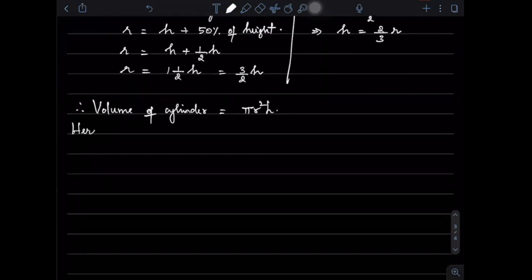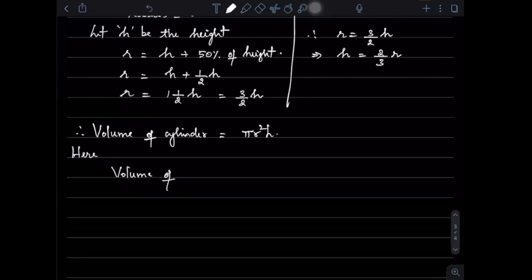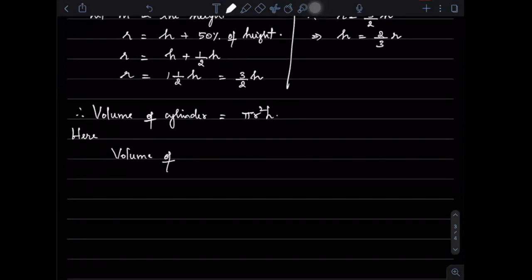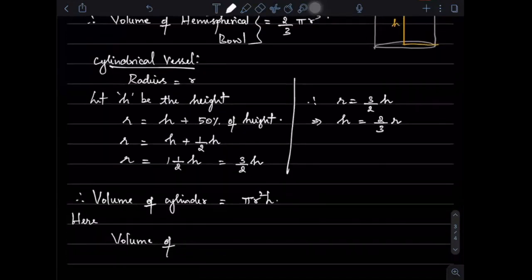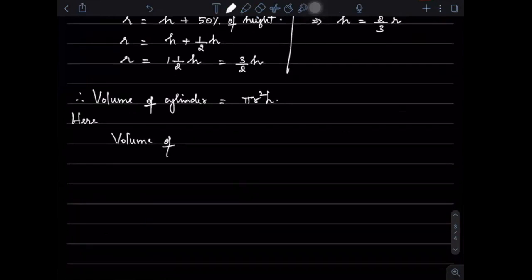Here, what is the given situation? Juice transfer is given. Find the percentage of juice that can be transferred. So we need to check whether the two volumes are equal. First, what do I do? They are asking what percentage of juice is transferred. So I need to find the volume of the hemispherical bowl and the volume of the cylinder.